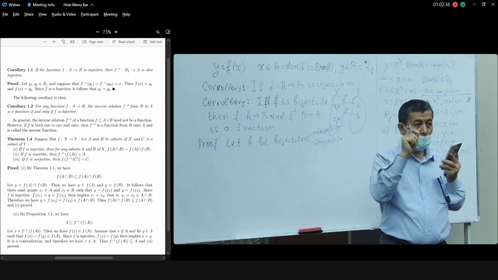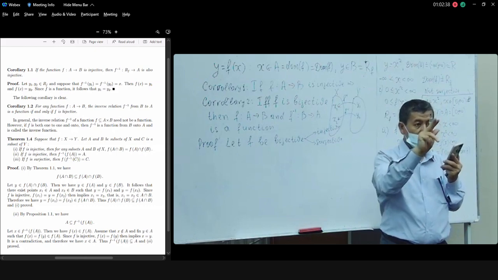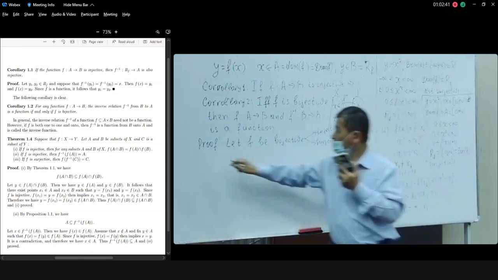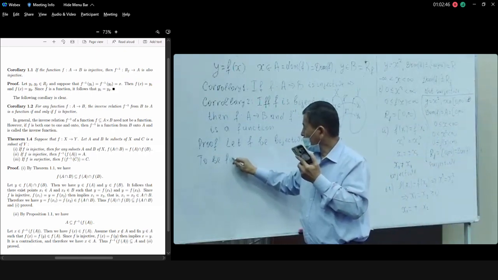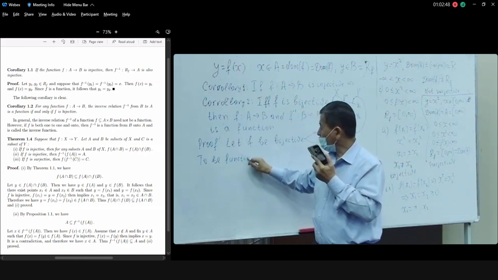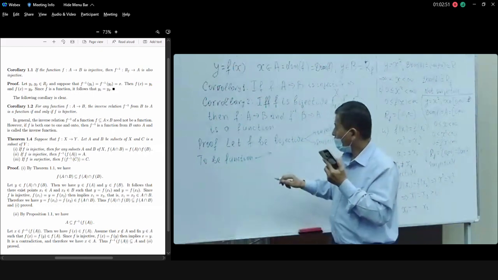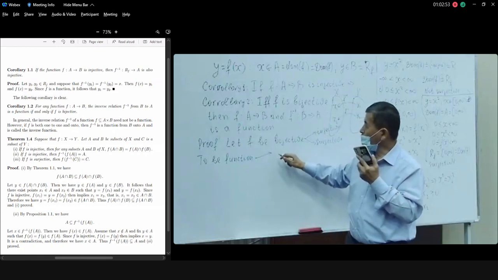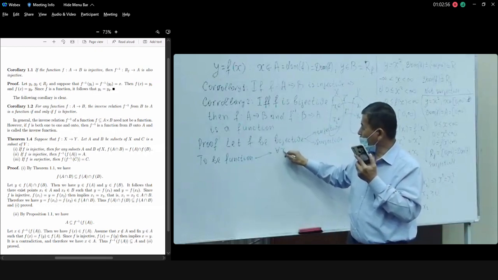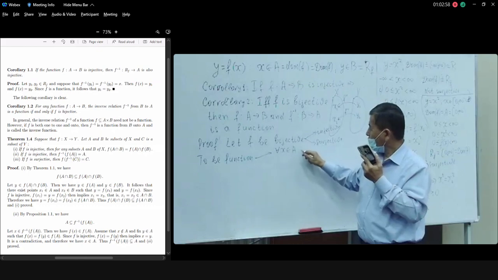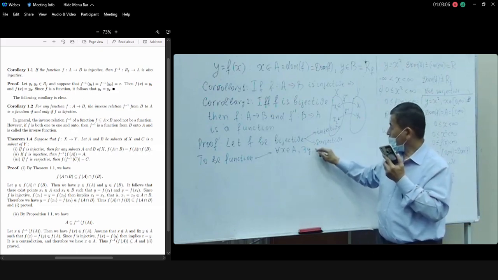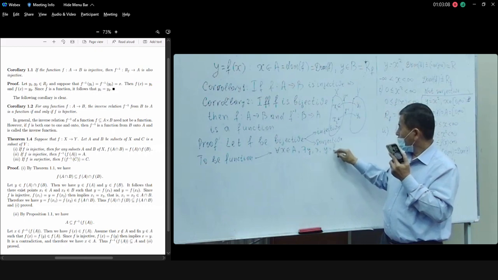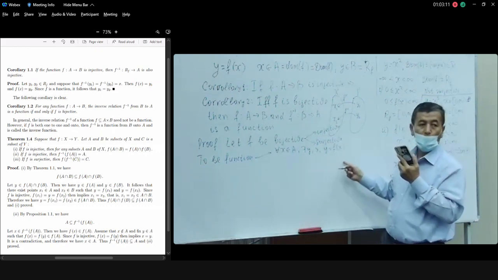The f is called a function if two conditions are satisfied. One, for every x in A there exists y such that this relation holds.